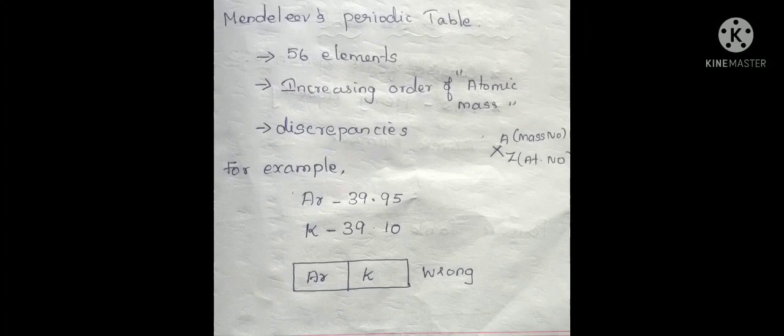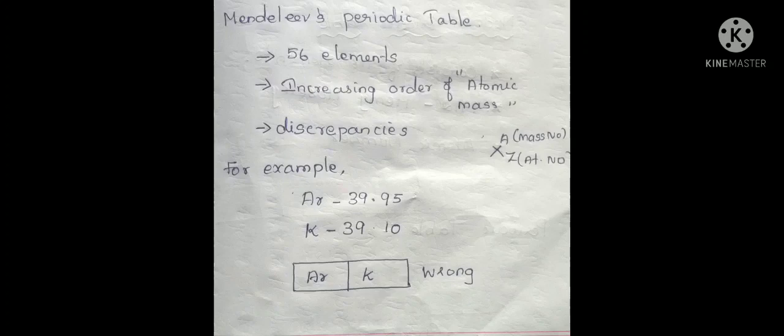He thought that the chemical properties of an element are due to the atomic mass. What is atomic mass? Atomic mass means the number of protons and neutrons present in the nucleus of an atom. So he thought that atomic mass is the basic property which gives chemical properties to an element. Mendeleev's table contained 56 elements arranged in increasing order of atomic mass.